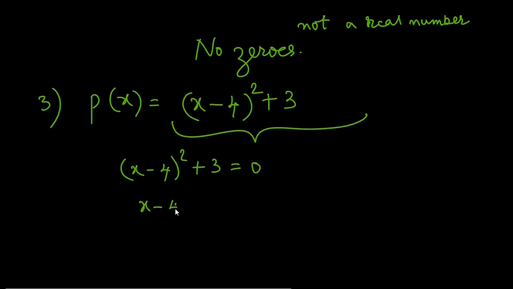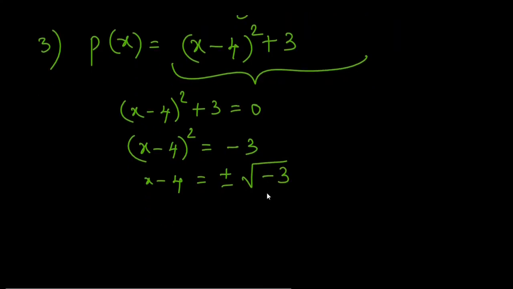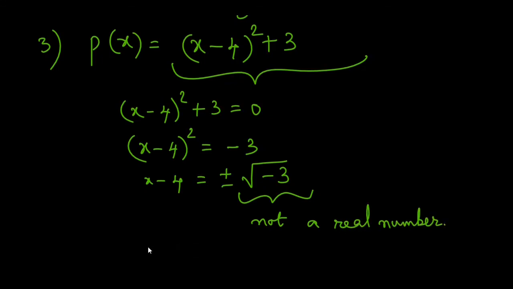X minus 4 whole square should be equal to minus 3. Taking square root on both sides, we get x minus 4 is equal to plus or minus square root of minus 3. Here, square root of minus 3 is not a real number. So this polynomial has no zeros.